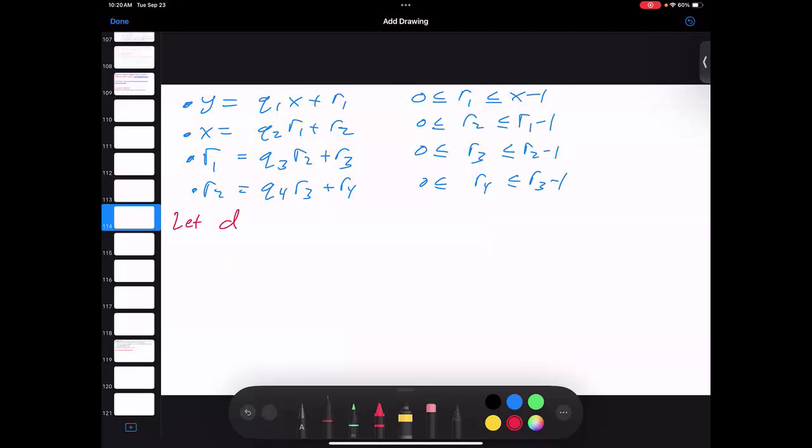Let D equal the greatest common divisor of x and y. So D divides x and D divides y. Does D divide R1? We know it divides x, we know it divides y. How can you write R1?